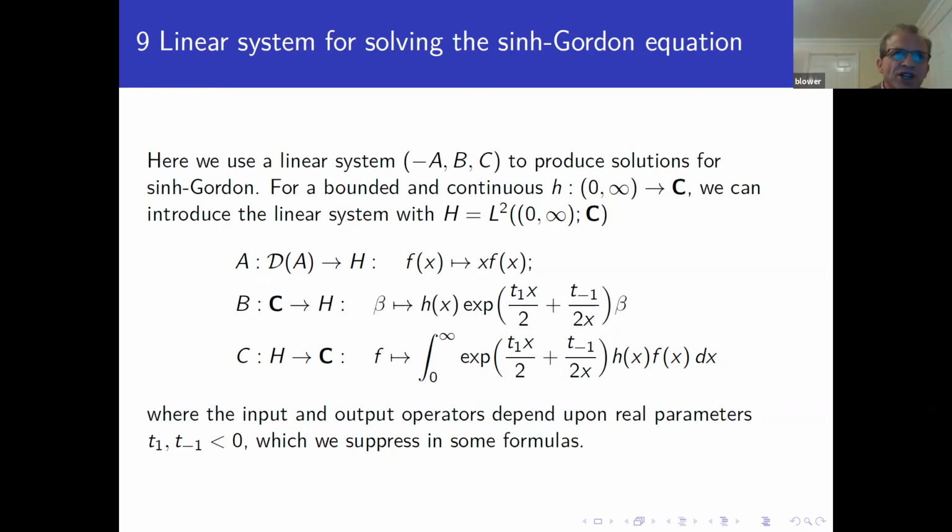I take t1 times x, and then I take t minus 1 and divide through by x. And if you want this to converge, you had better take t1 and t minus 1 to be negative, because that certainly helps. You make a similar choice of function for c, and the output operator is given by integrating f against h and this exponential factor. So the parameters t1 and t minus 1 are going to be negative to help with convergence, and I don't write them explicitly in the operators just to keep things relatively simple notationally.